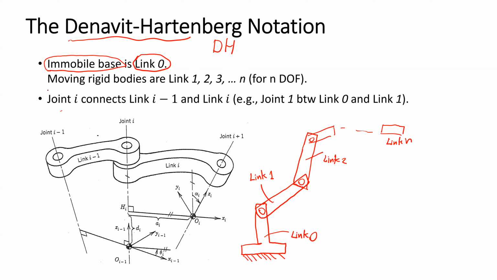How about the joint? Joint I connects link I-1 and link I. This is the joint that connects link 0 and link 1. This is joint 1. How about the joint that connects link 1 and link 2?